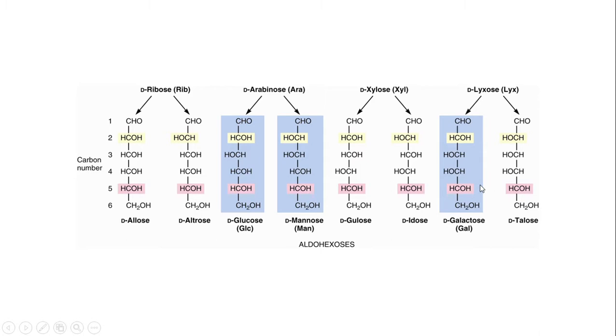So the hydroxyl group, where's C4? 1, 2, 3, 4. The hydroxyl group here is on the opposite side, if you compare the C4s in these two. So if you learn the structure of glucose, and you know mannose is a C2 epimer, galactose is a C4 epimer, you don't have to memorize those structures.